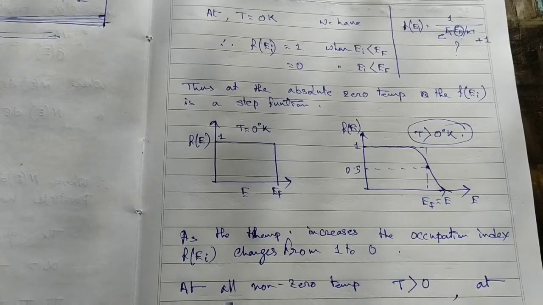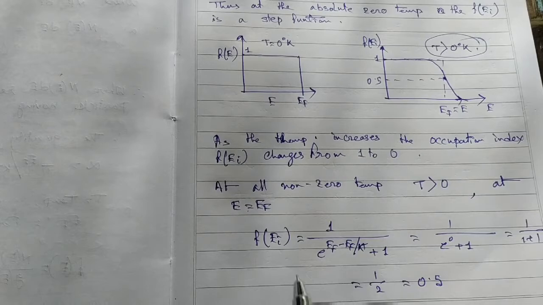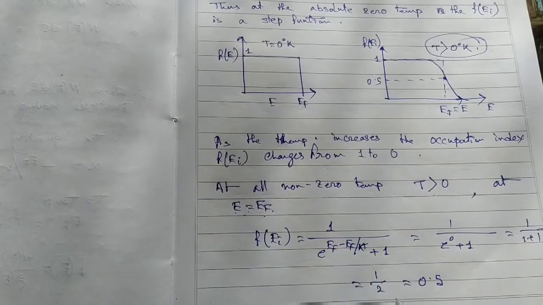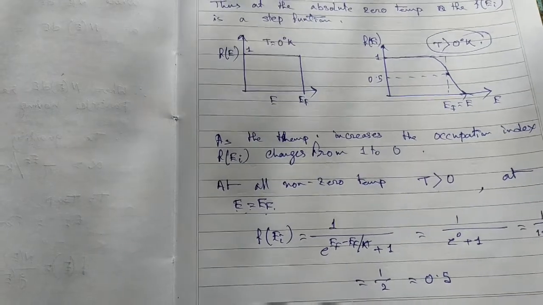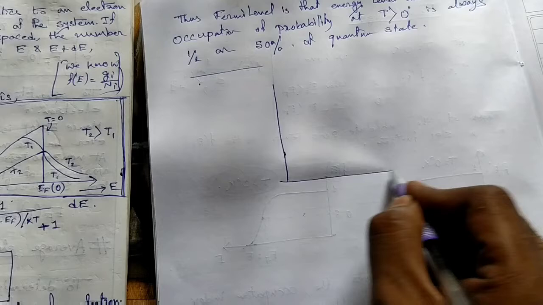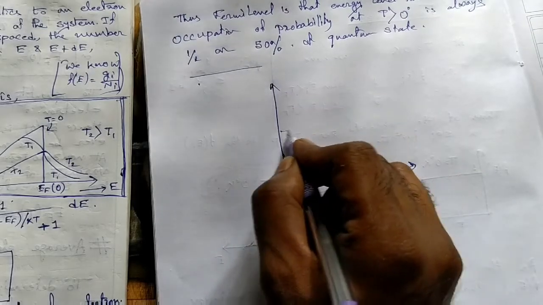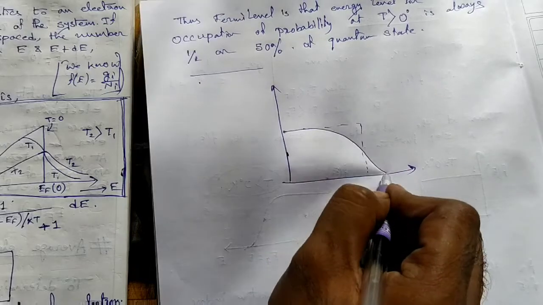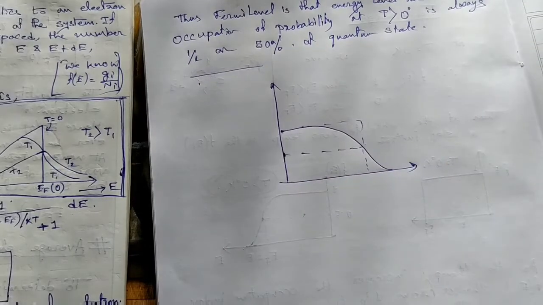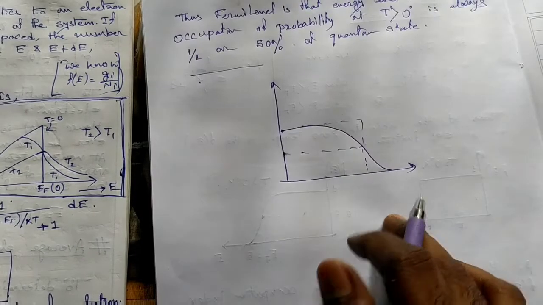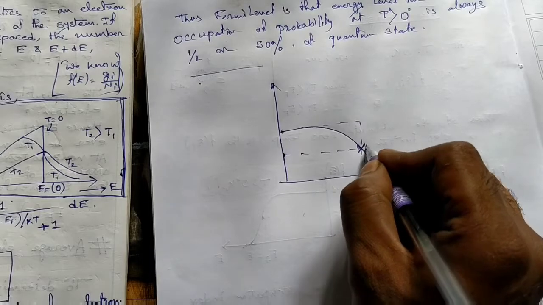So from the calculation, we get that at non-zero temperature when E becomes Ef, it represents half probability. If you draw the whole graph broadly, it is a one step down. That's why such a function is also known as a step function.